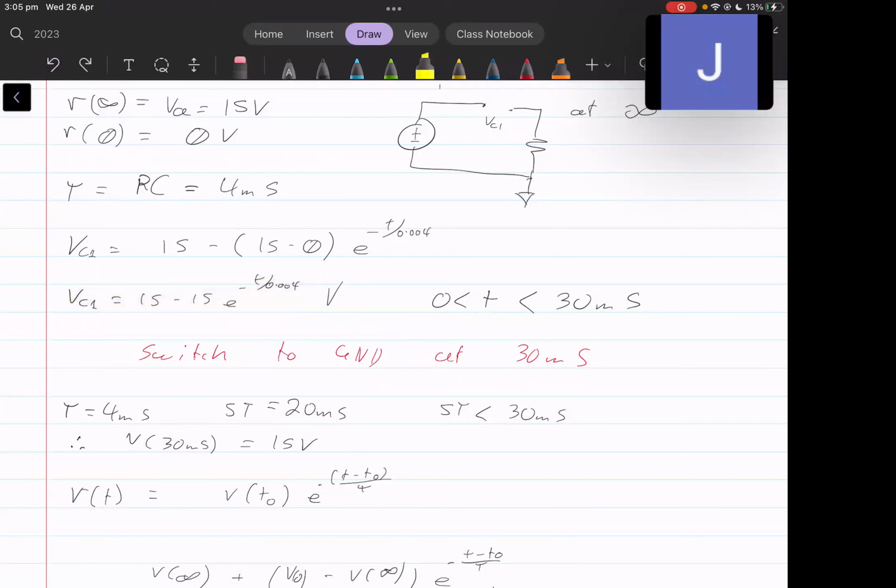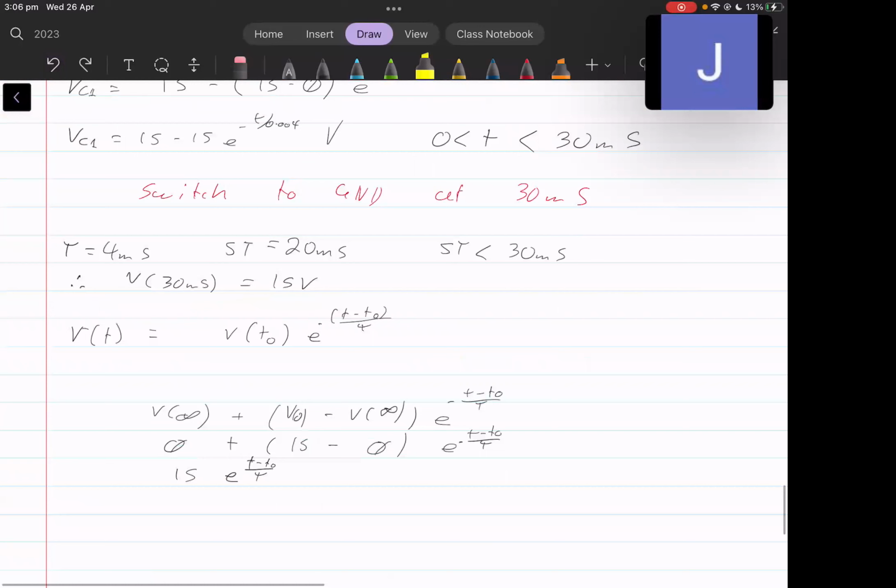If you just plug in t as 30 milliseconds, you should get something that's 14.999. And tau is still, yep, tau should be 0.004. That is a very messy tau by me. I will write that nicer.